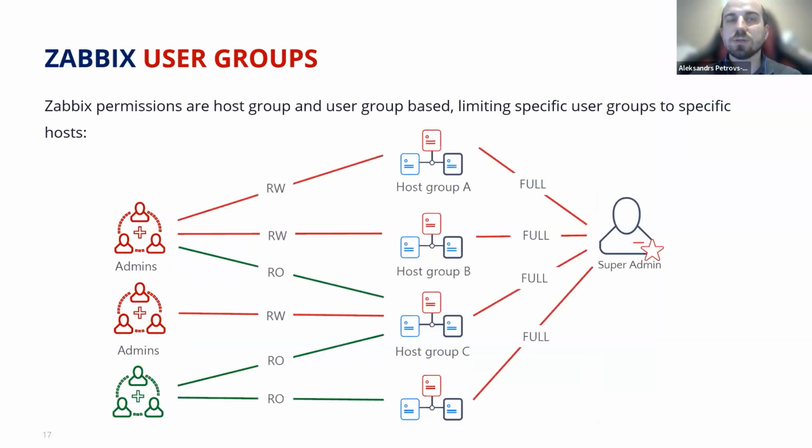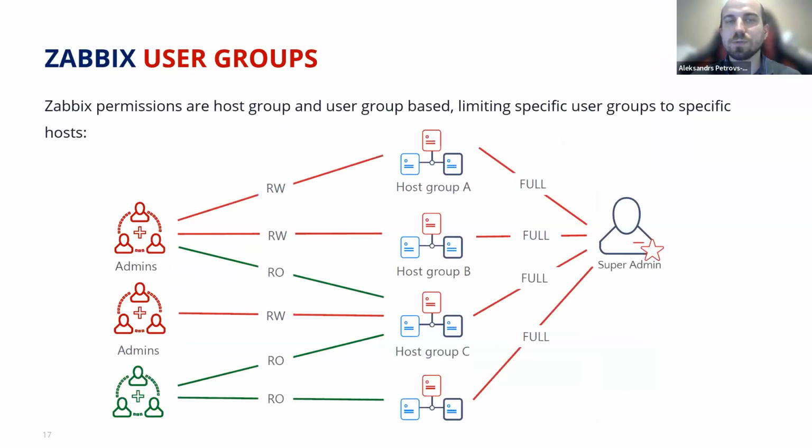And then, of course, we have the user groups. So in case you have multiple different teams, which will be working with specific, again, equipment. So maybe you have database engineers, network engineers, Linux engineers, Windows engineers, and so on and so on. So they will, of course, be responsible for specific equipment, and they will definitely want to, again, see and work with the same specific equipment.